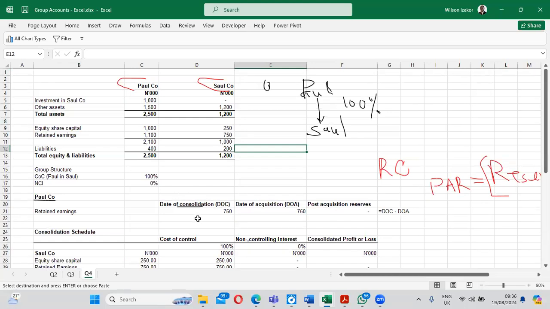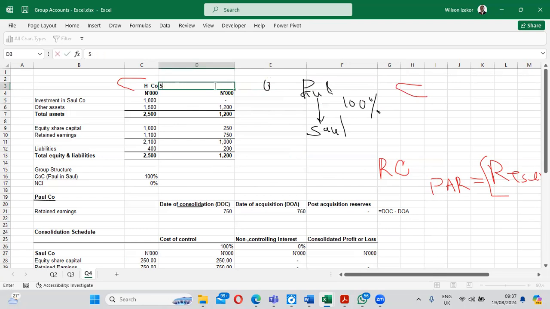Now, the companies involved are H Co and S Co.